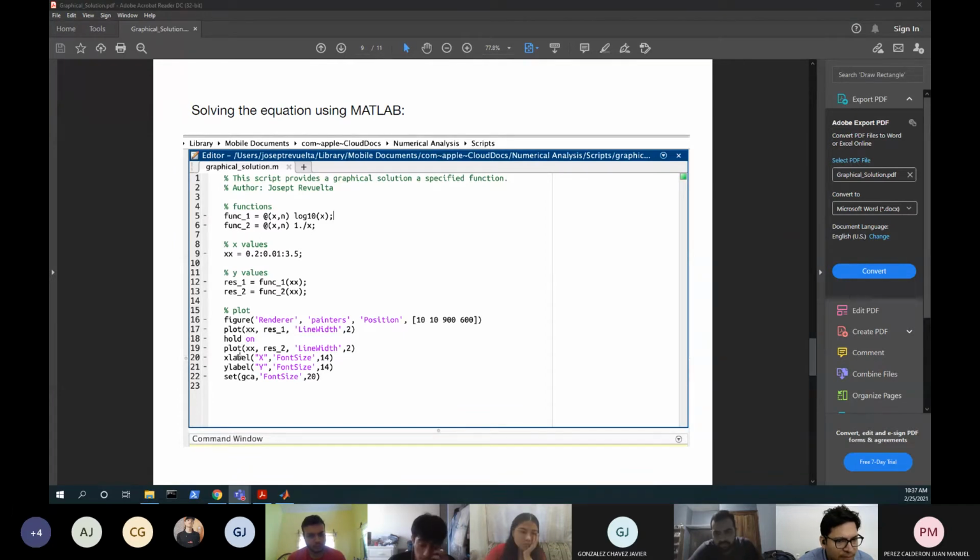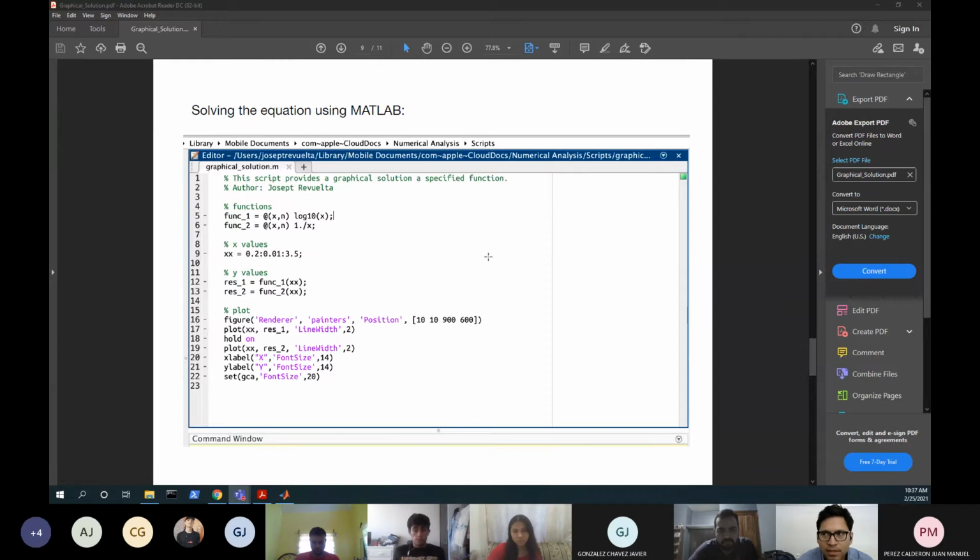And I just use the labels in X and Y, with X and Y as my characters, and the font size for both of them is going to be 14. And the font size of my axes in my plot is going to be equal to 20.